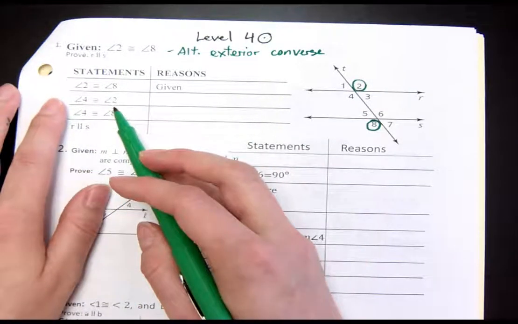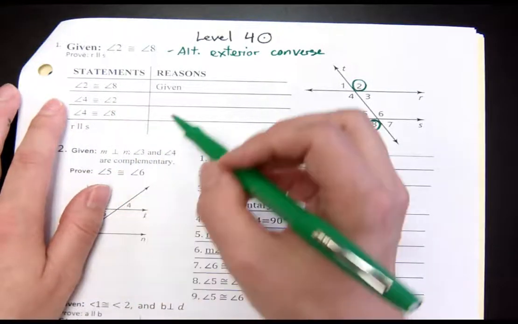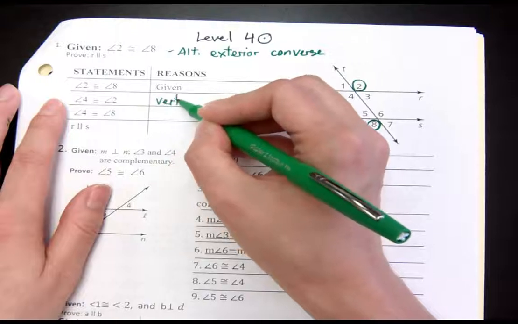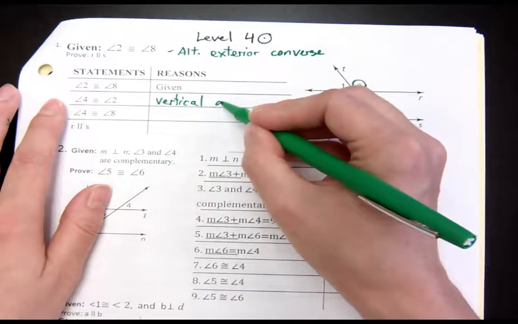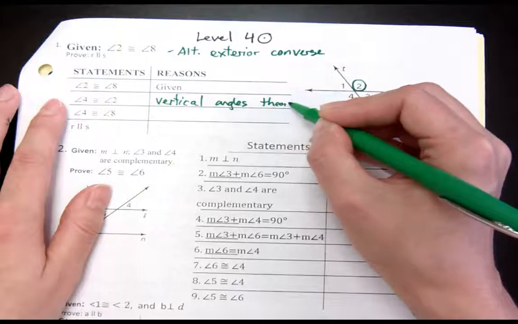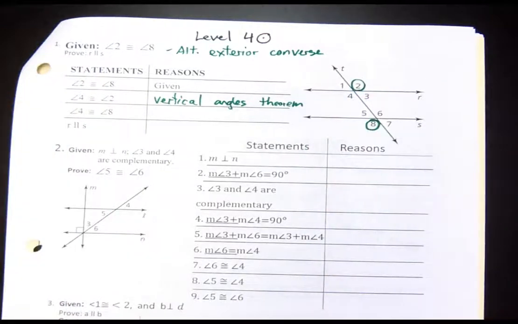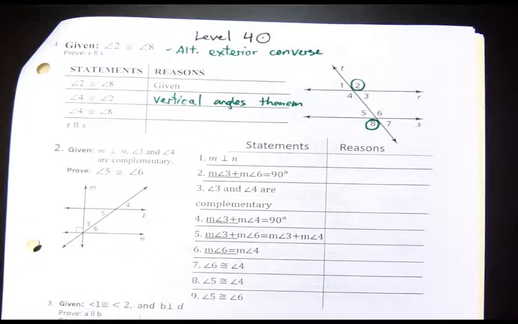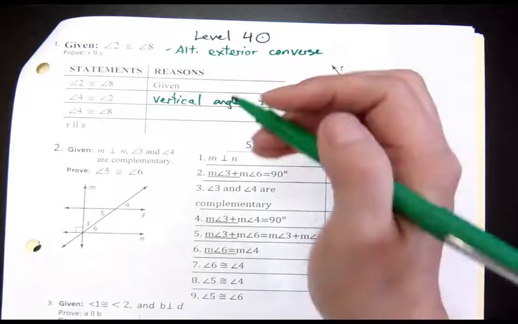Angle 4 and angle 2, what type of angles are those? So we just write they're vertical angles. Technically, it's the vertical angles theorem. And then what's happening next step? 4 and 8. What do we call that? That's a transitive.